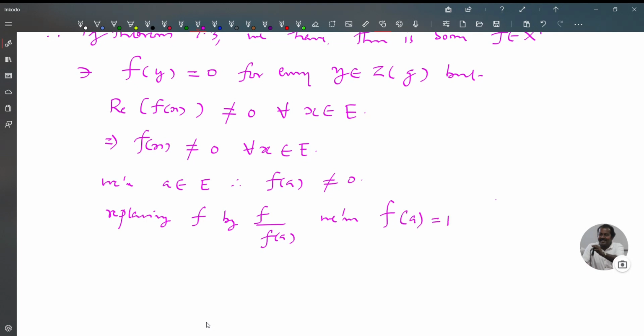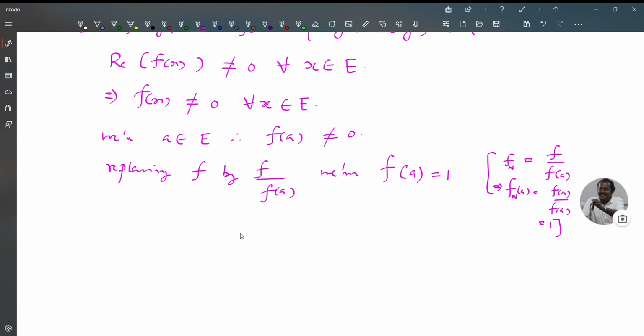This is because our new f is f divided by f of a. This is just a notation, nu f. So that implies nu f of a is f of a by f of a, so that is 1. So if we replace f by f by f of a, we have f of a equal 1.